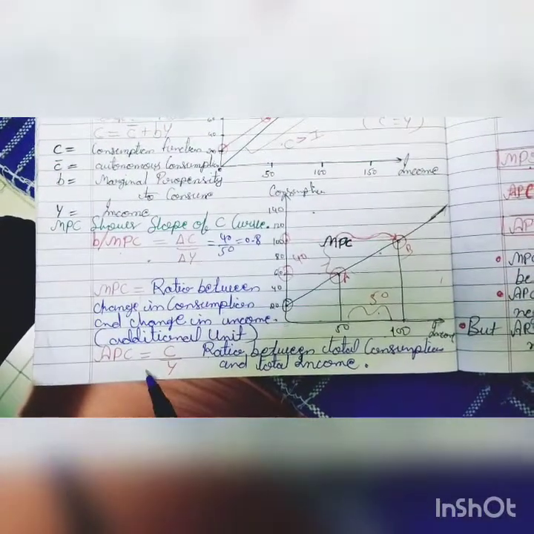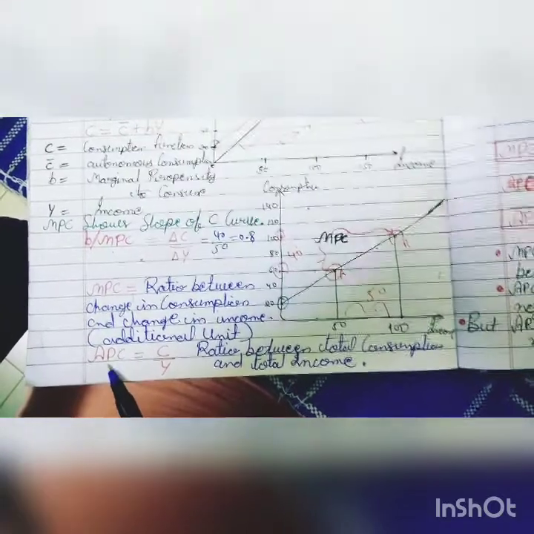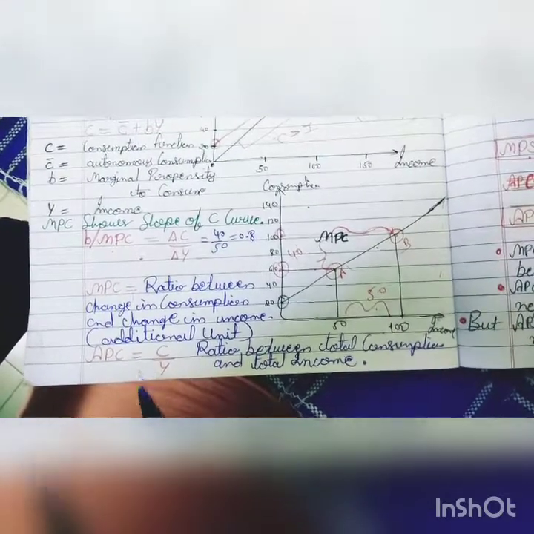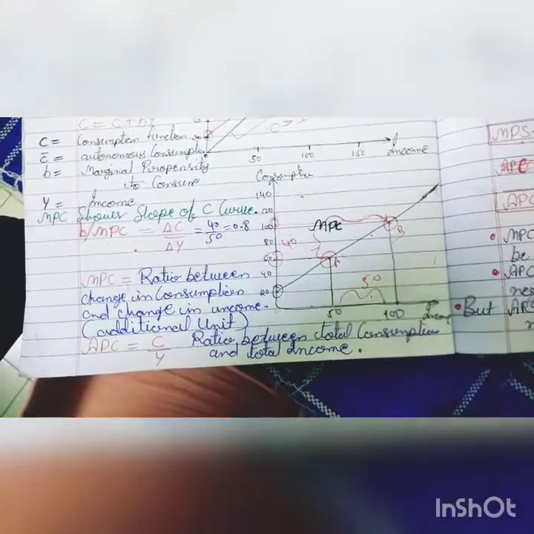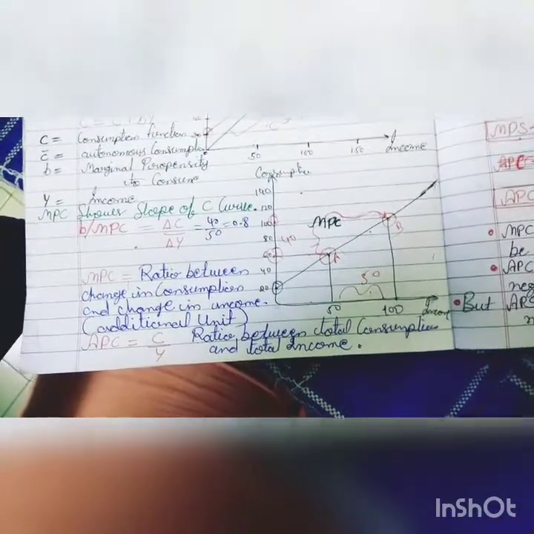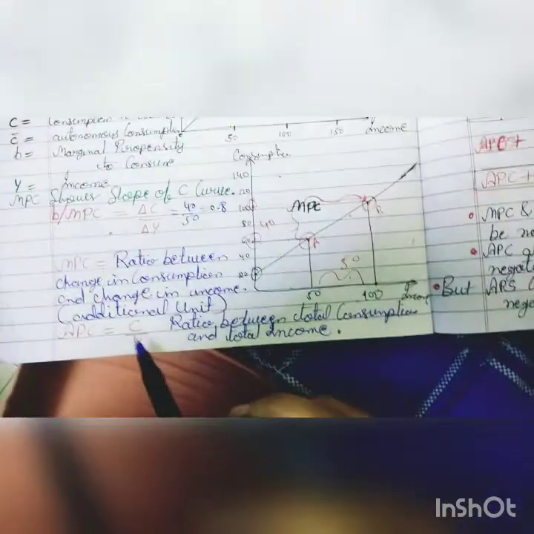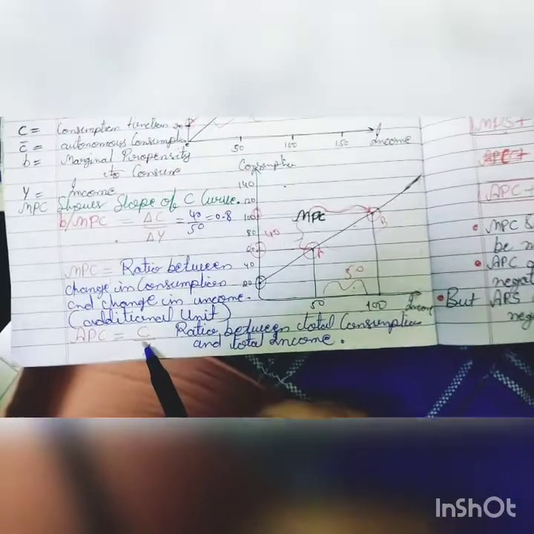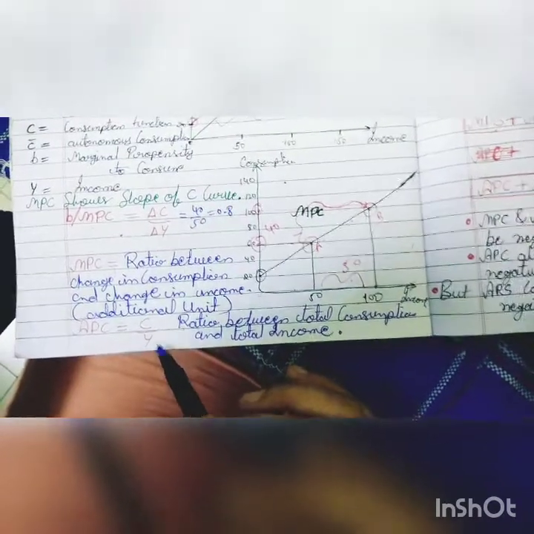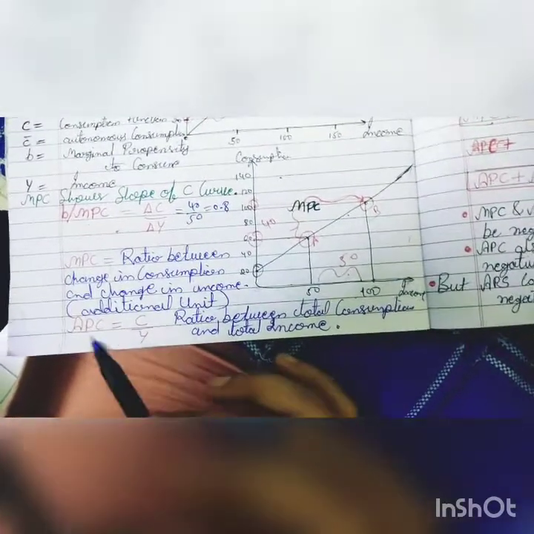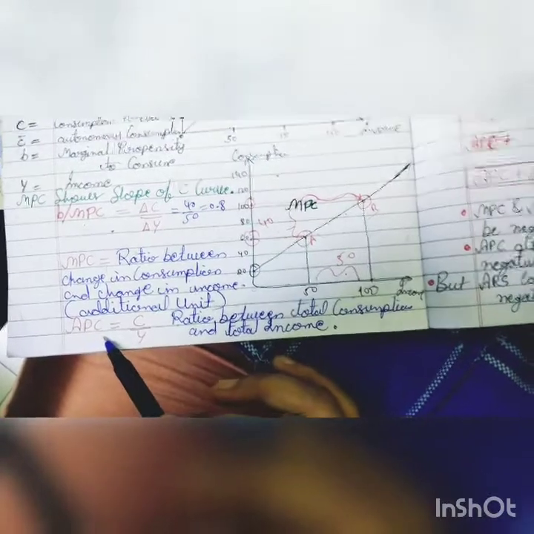Now next is APC. APC means average propensity to consume. As you know, when we find the average, we take the total value of the variables. So the ratio between the total value of consumption and the total value of income is called the APC, average propensity to consume.